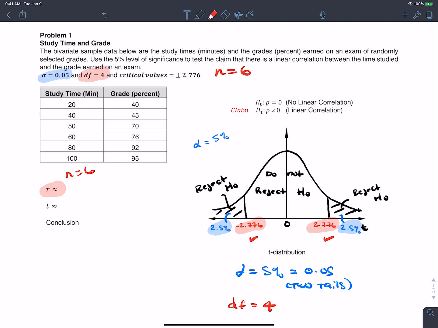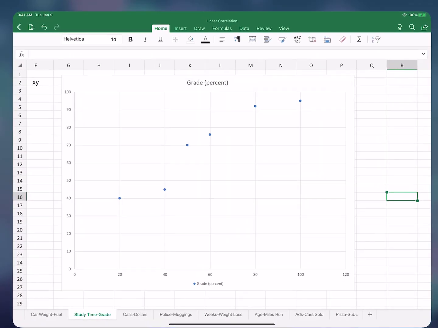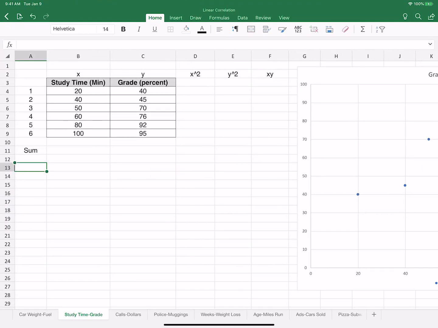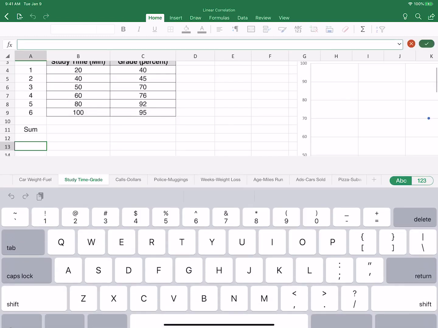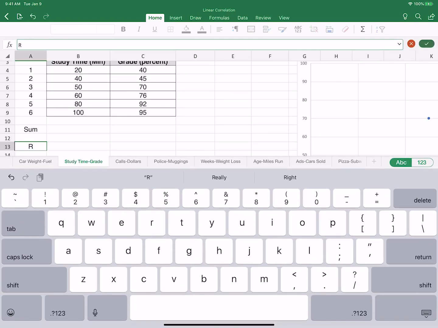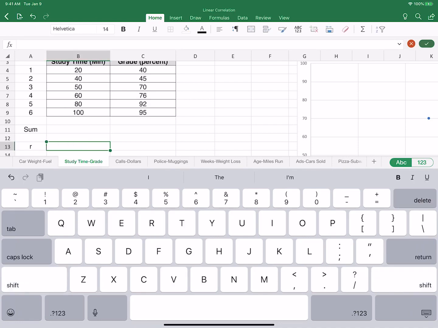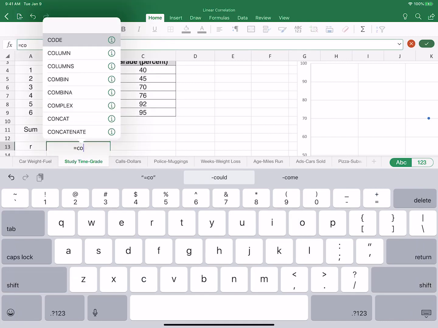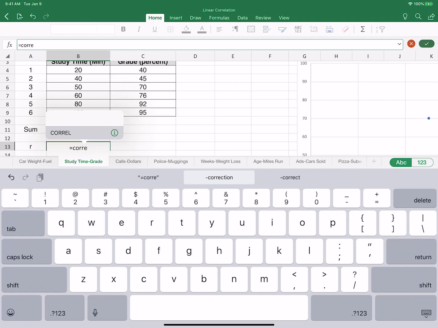So now that we know that the scatter plot does look like our bivariate data can be fitted by a line, let's actually do that. I'm going to cheat again because I like cheating. Well, I don't, but you guys understand my point. r. Let's do that little r. Now, you guys remember, I already know the function for that. That's called CORREL.